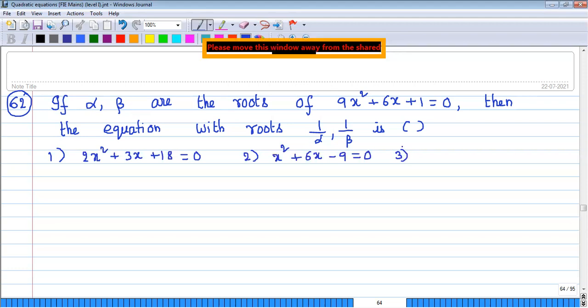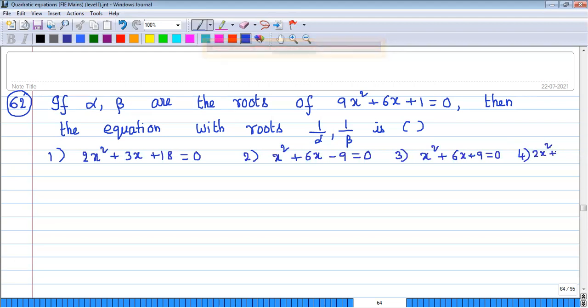Third option, x square plus 6x plus 9 equals 0. Fourth option, 2x square plus 3x plus 9 equals 0. This is the question.